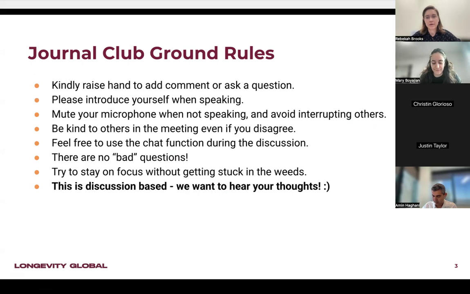If you're not speaking, try to avoid interrupting each other to enable the best discussion. It's okay to disagree, but be kind. There are no real bad questions, but maybe try to not get tangled too much in the weeds. And again, this is discussion based, so hopefully read the paper and come ready to discuss.